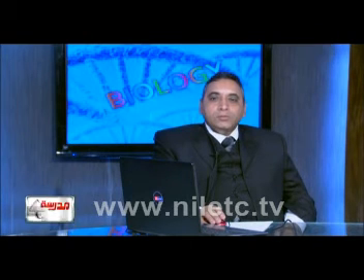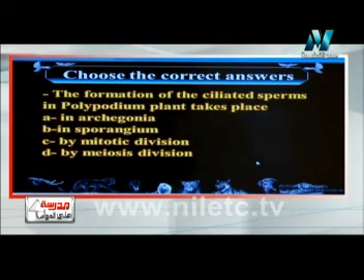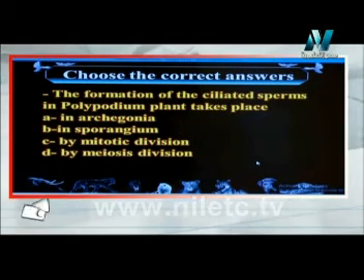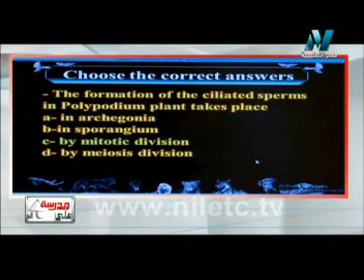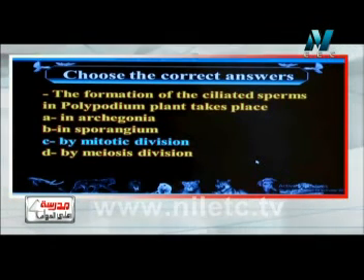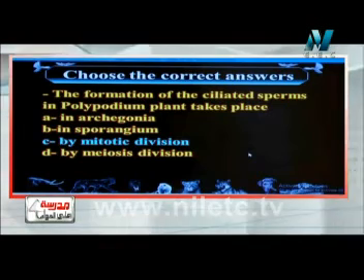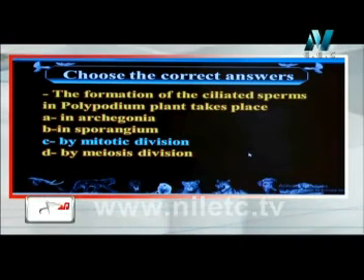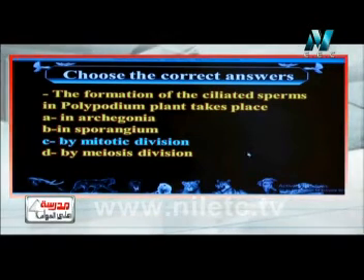But in the case of the polypodium, the gametophyte is formed of haploid cells, and haploid cells can't reproduce by meiotic division. So the division during the formation of the sperms in the polypodium takes place by mitosis. It does not take place inside the archegonia, because inside the archegonia the egg or female gamete is formed.